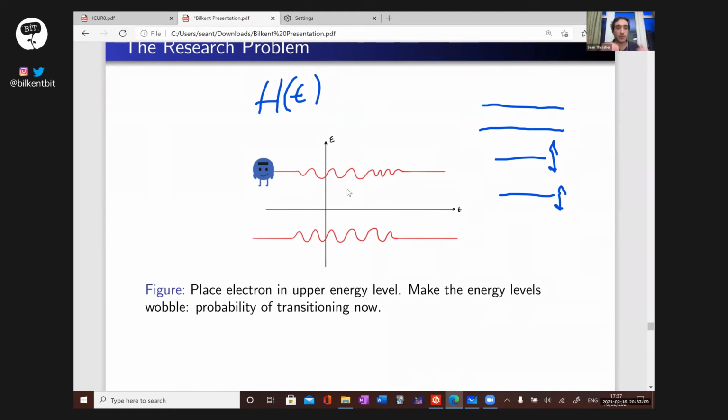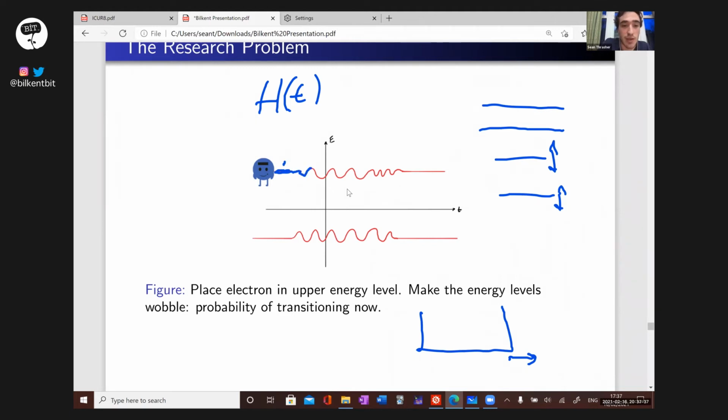Well, I've touched on this before. You can think back to the particle in the box and changing the length of the box very gradually. What's going to happen is that the electron is most likely going to stay in this energy level, so it's going to follow this.